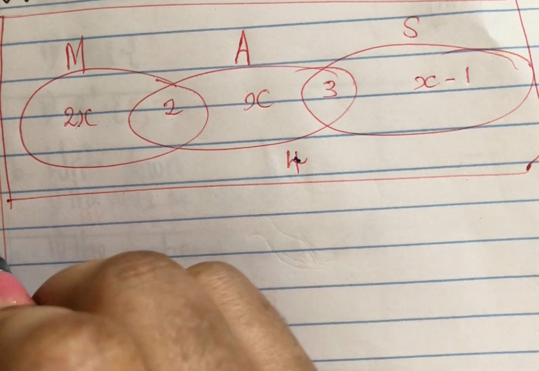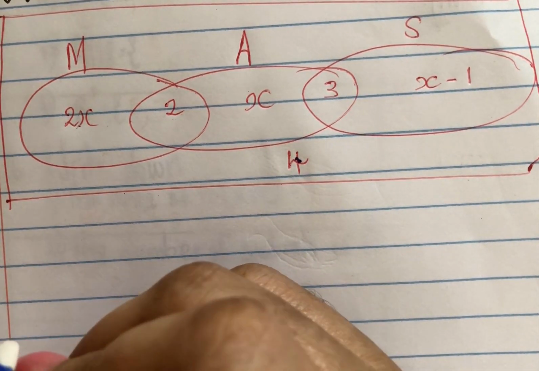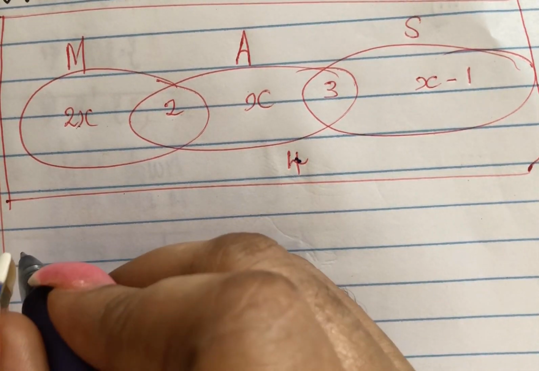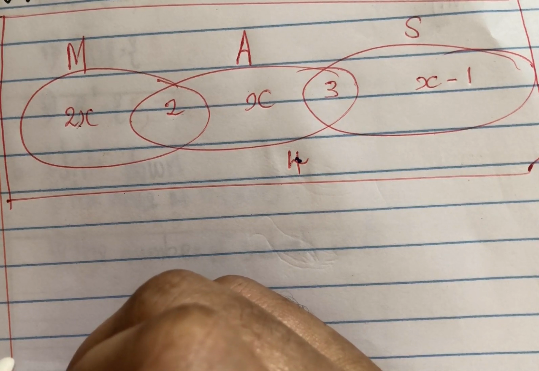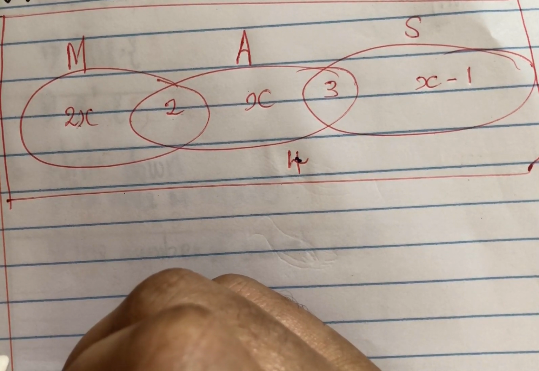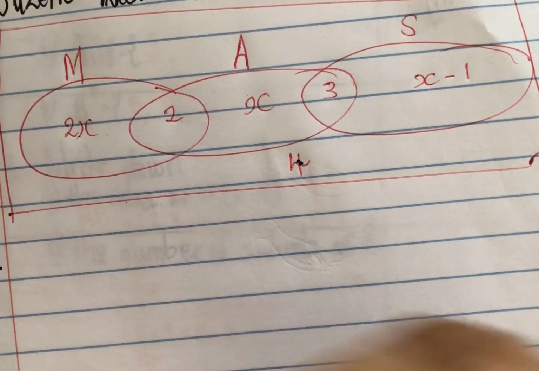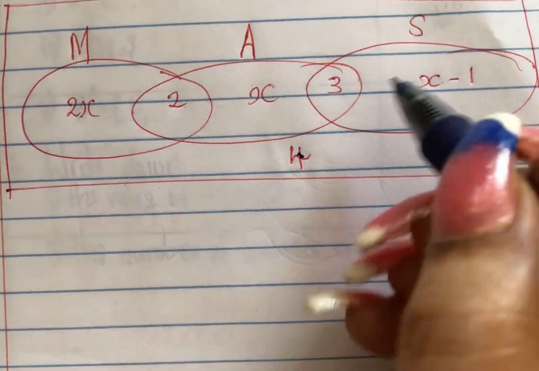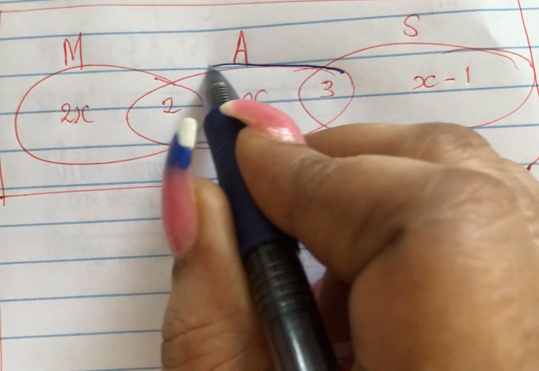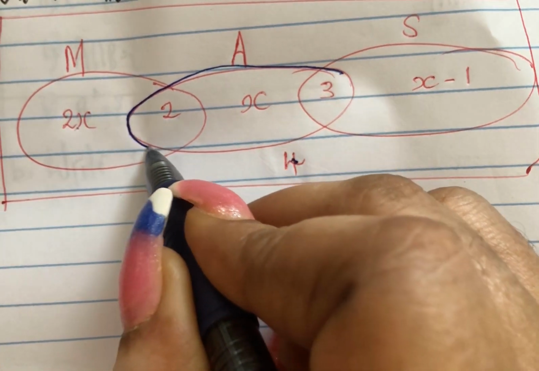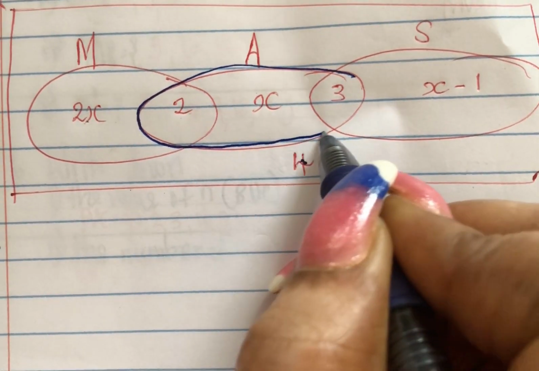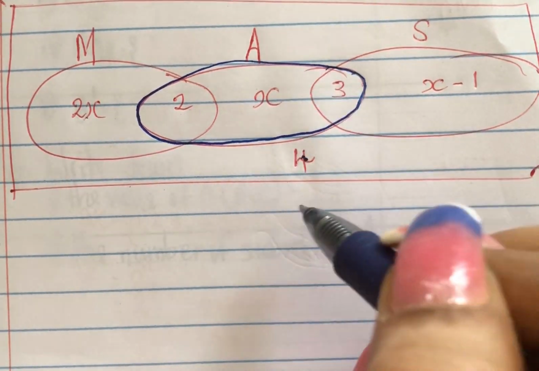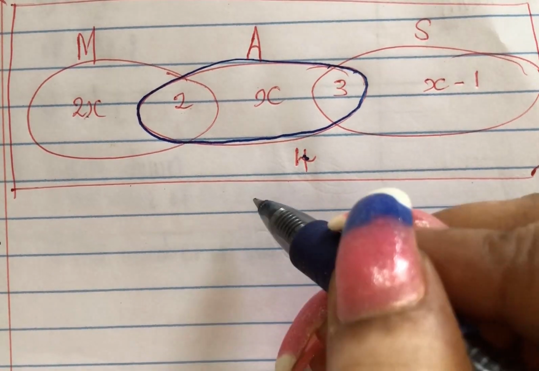Part A asked me to write an expression in terms of x for the number of students who do accounts. Let us look at our information given. A represents accounts, right? Will you agree with me?